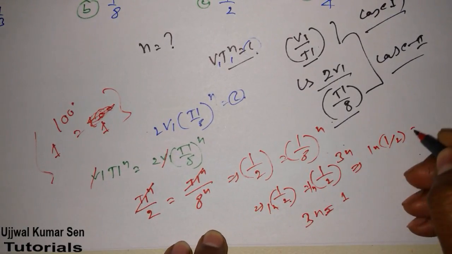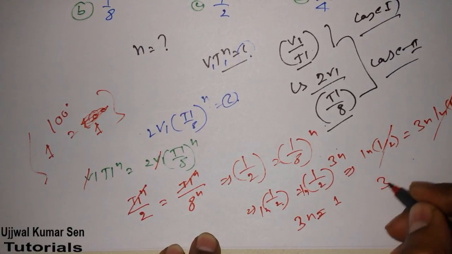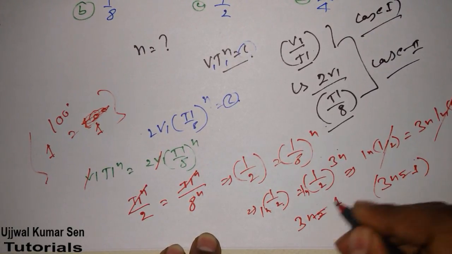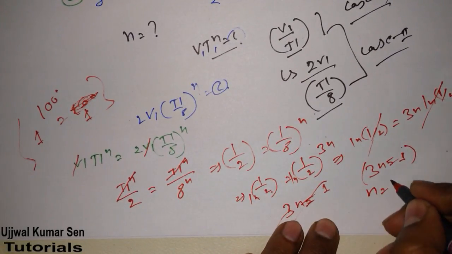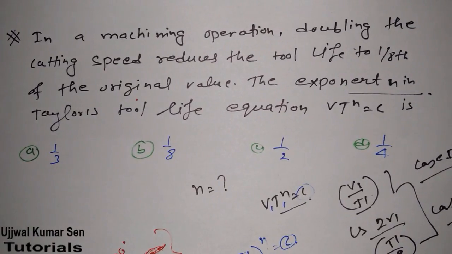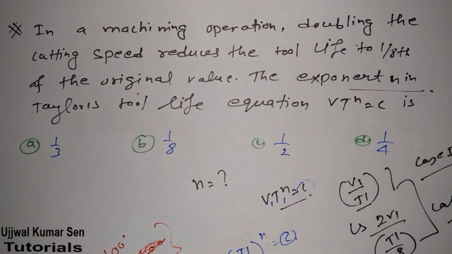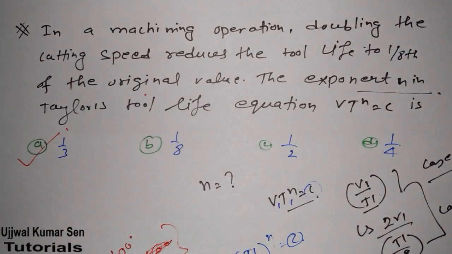Natural log of 1 by 2 is equal to 3n times natural log of 1 by 2. So this cancels, so 3n is equal to 1. I have already shared with you how to do that. And n is equal to what? 1 by 3. So as you can see, the answer options are given, and you can mark the right answer quite easily. So which one is the right answer? Can you guess, my dear? Don't need to guess, because I have shared with you how to solve the question. So A is the right answer.